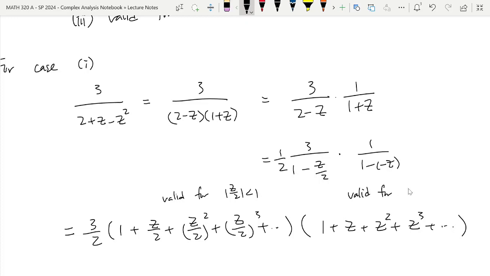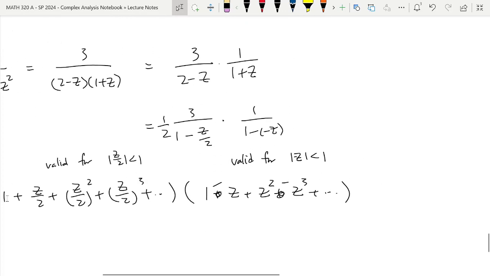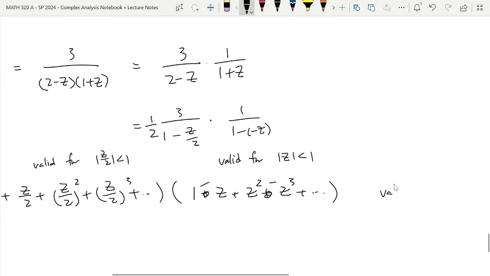Should it not be 1 minus z plus z squared minus z cubed plus...? You mean alternating? Yes, for the second one, yes.